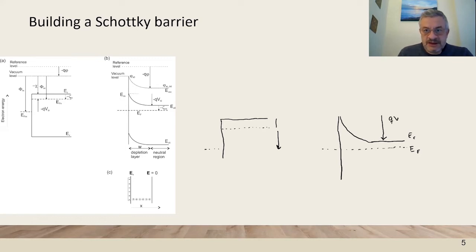So this is the built-in voltage, and the built-in voltage equals the original difference of work functions. So the contact determines the height of the Schottky barrier if there is no dipole, because of course part of this variation can be accommodated by a surface dipole as well.